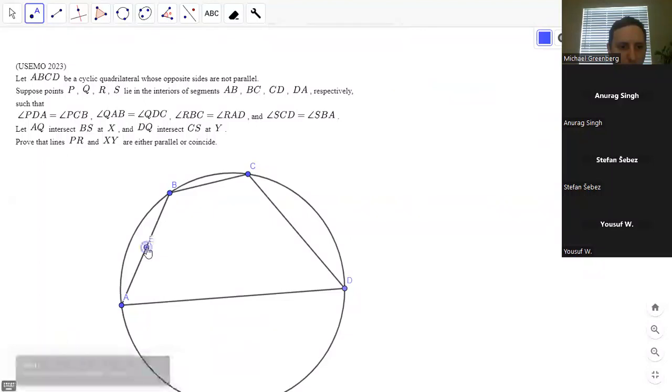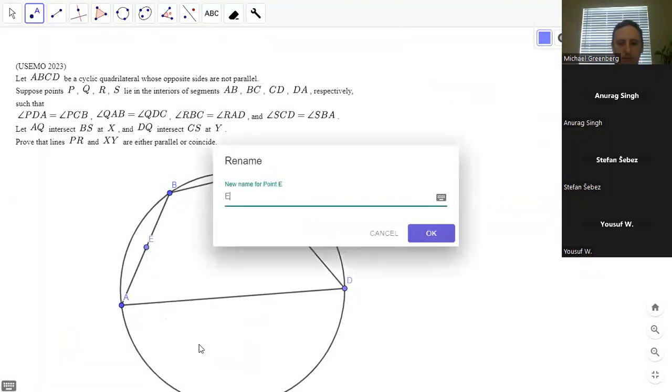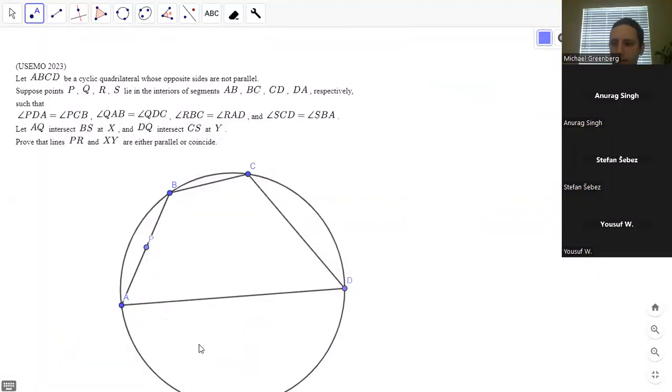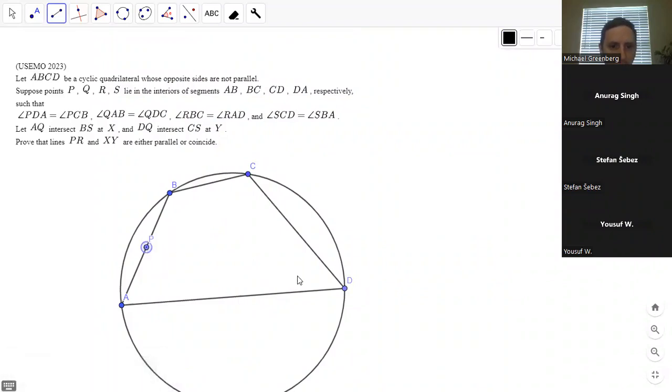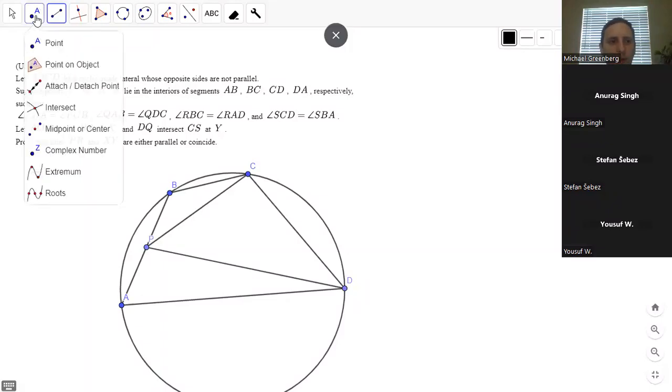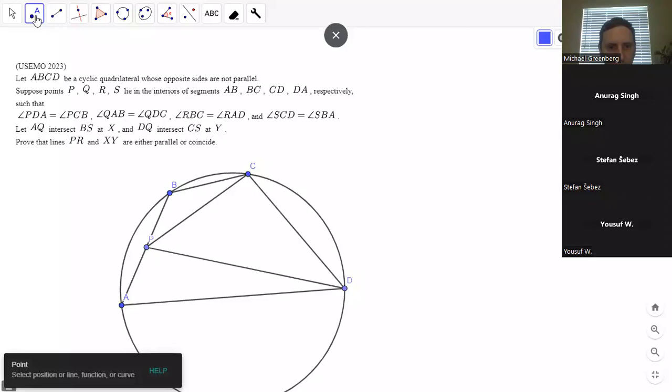So what does it mean? How do we find the point P that has that condition? How do we find the point P where angle PDA is PCB? I guess they are trying to imitate some tangency condition. Oh, so maybe use tangencies? Yes.